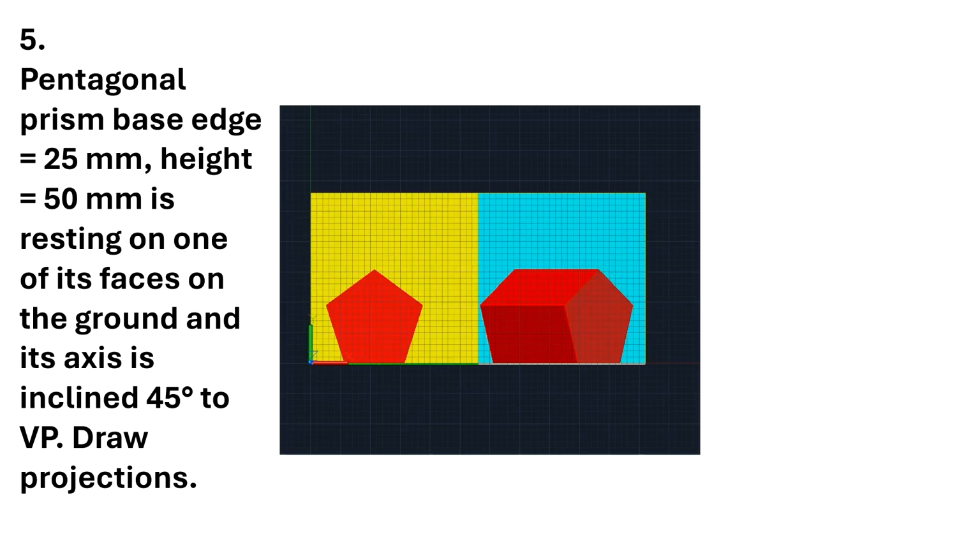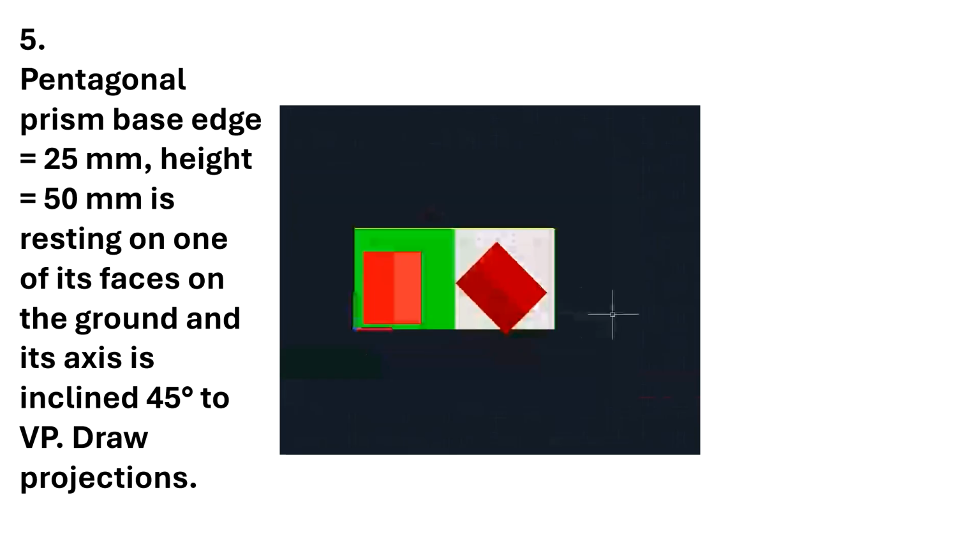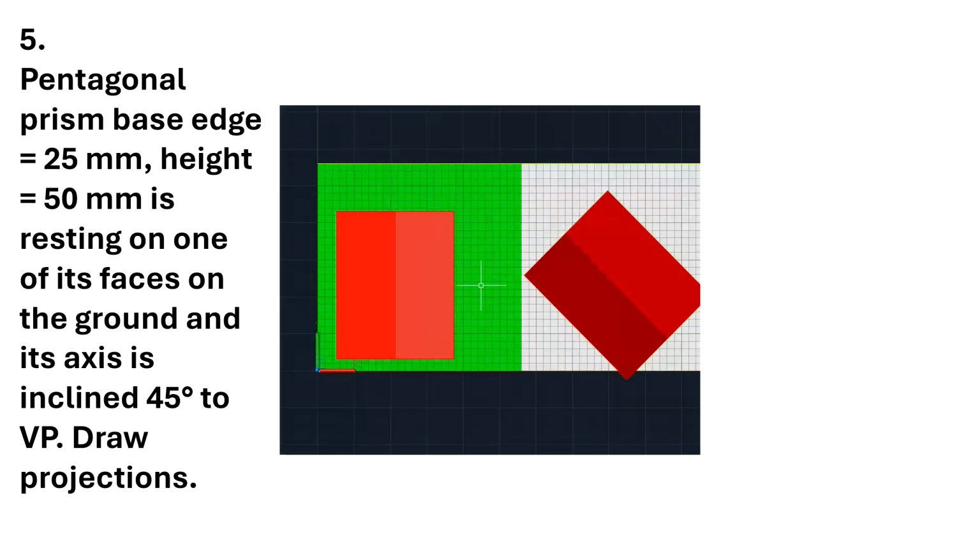If you observe the top view, this is the second view in the simple position. This same top view, if you rotate with the required angle, making 45 degrees with the axis, you will get the final top view, that is the third view, and then from that we will get the fourth view.